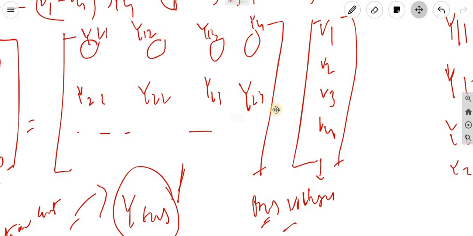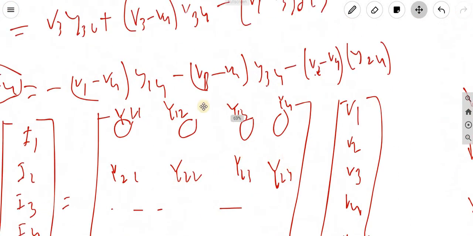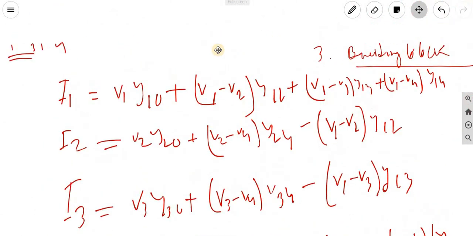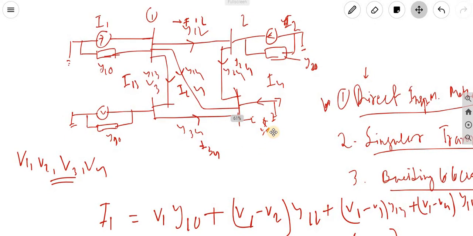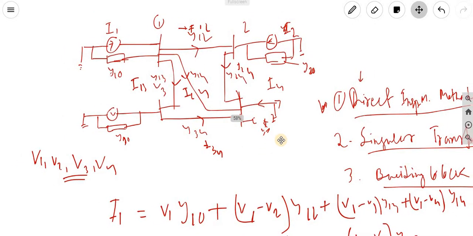So you can simply observe that this is the direct inspection method. Just by seeing this network, if there is a very small number of buses, you can simply see the network and form the Ybus.